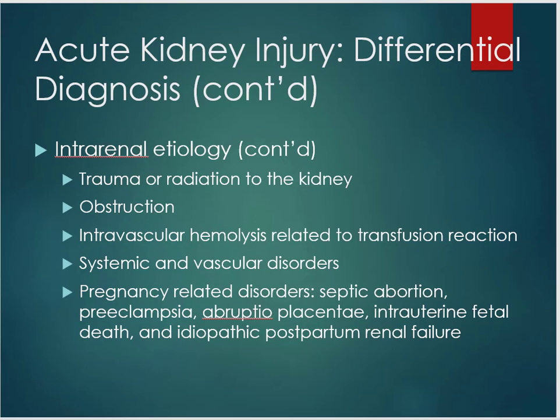Also, trauma and radiation can do this to the kidney if there's an obstruction. If there's any intravascular hemolysis going on after a blood transfusion, it can impact the kidney in an intrarenal manner. You may see intrarenal etiologies with systemic and vascular disorders, and then also with some pregnancy-related issues.